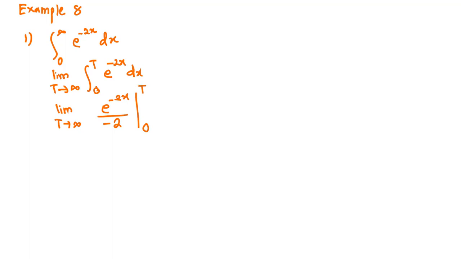Next we put the limit as t approaches infinity. So we have negative 1 over 2 e to the negative 2t minus e to the 0.